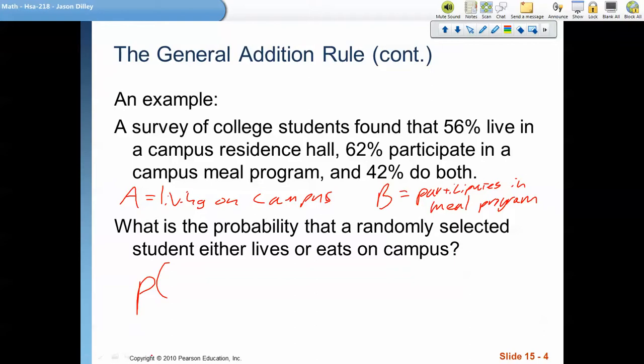Okay, some person. What's the notation that we're looking for? Hannah? Tell me, is it P of what? Say that again.